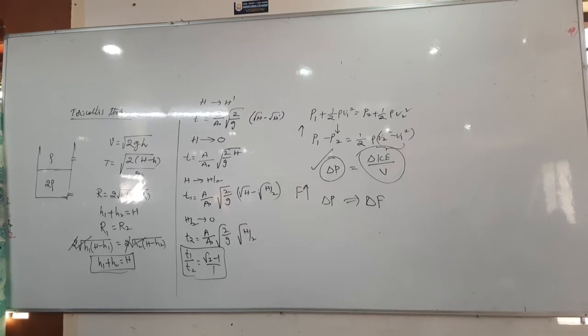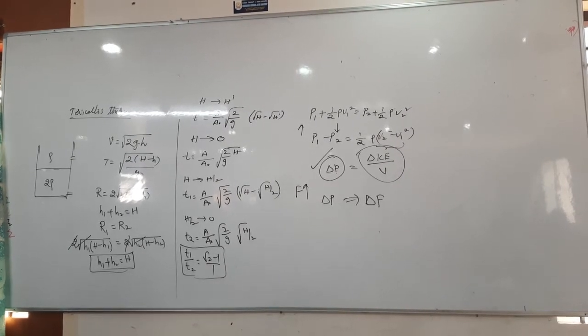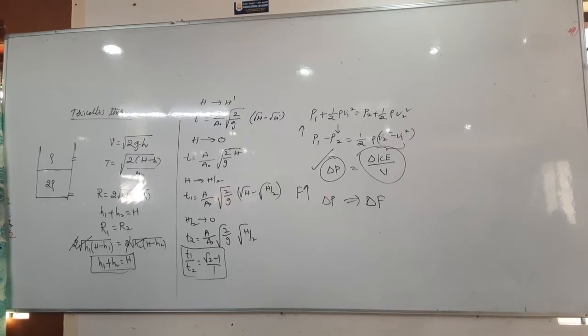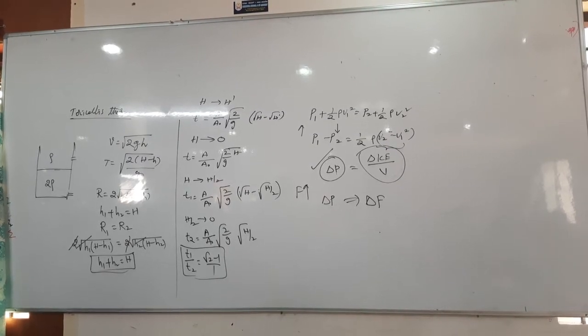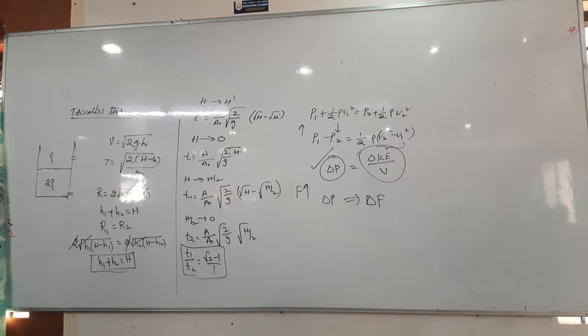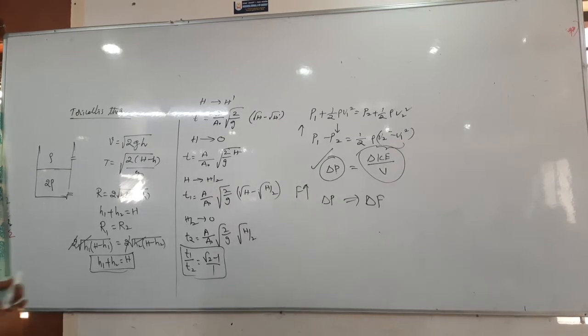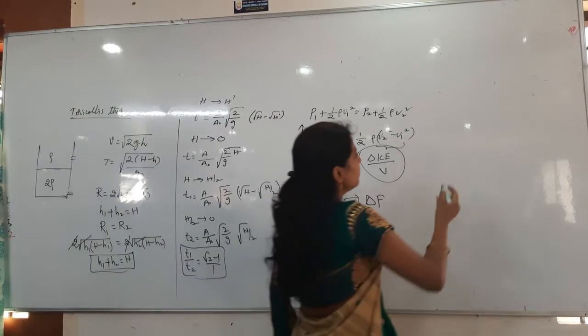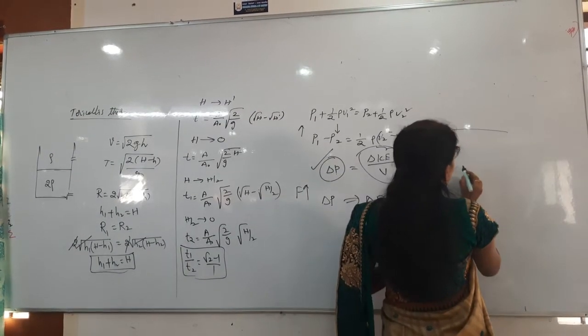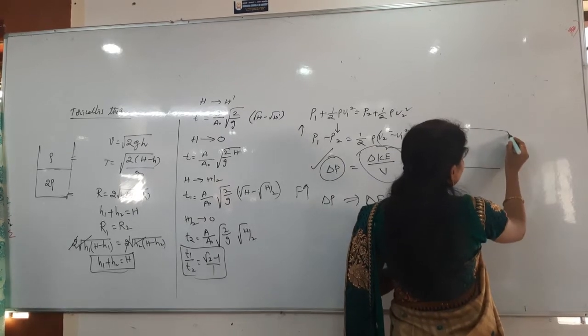Yes, you got it. 500 Pascal is the correct answer, and then velocity is 2 meter per second. See that? A horizontal pipeline carries the water in a streamline flow at a point along the pipe where the cross-sectional area is 10 centimeter square, and the velocity of water is 1 meter per second and the pressure is 2000 Pascal. They have given that the cross-sectional area is different. First one is 10, next one is 5.